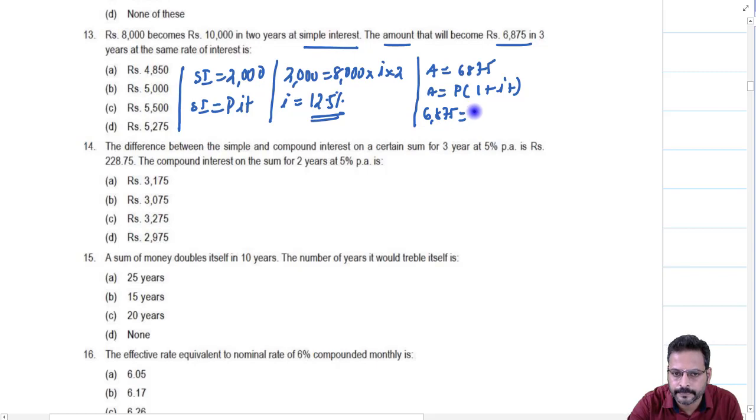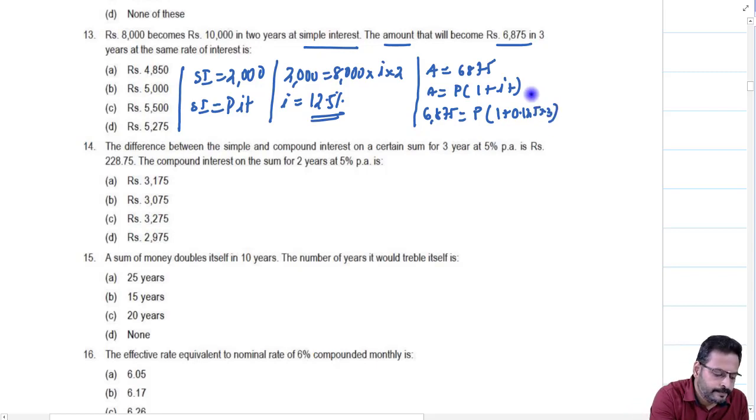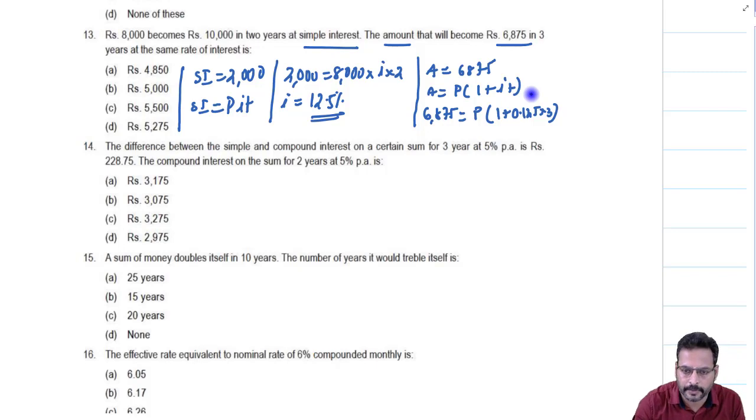P is the amount we have to find out. 1 plus 0.125 into 3, that is 1.375.